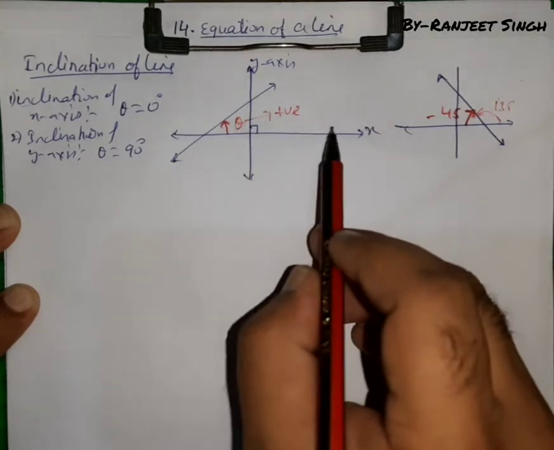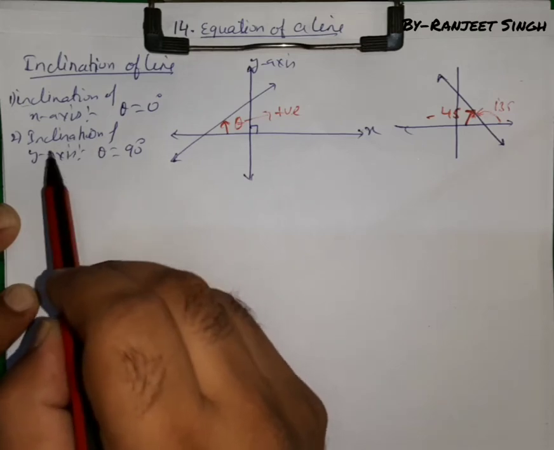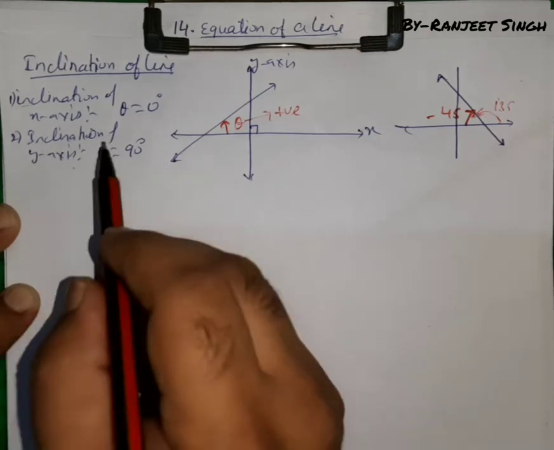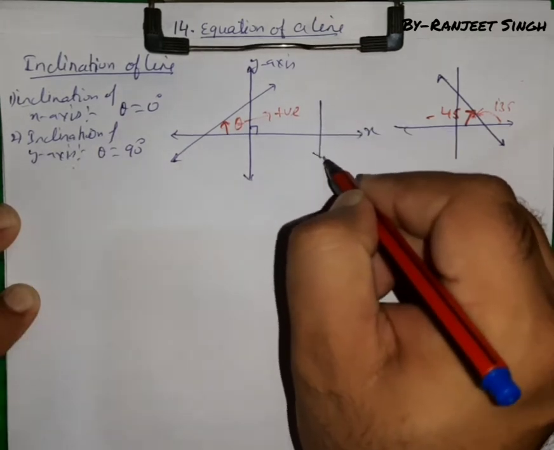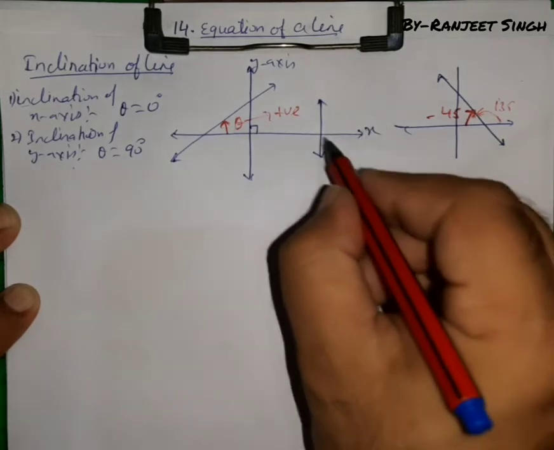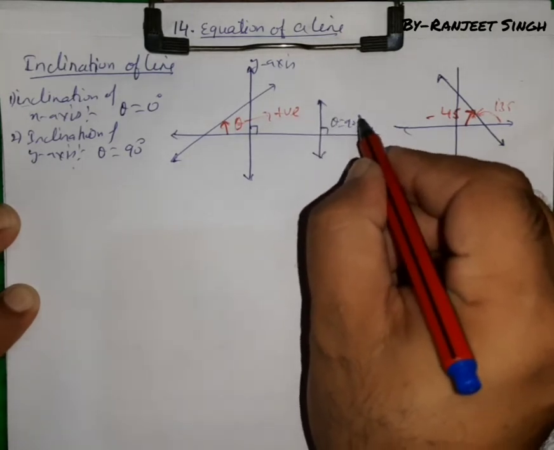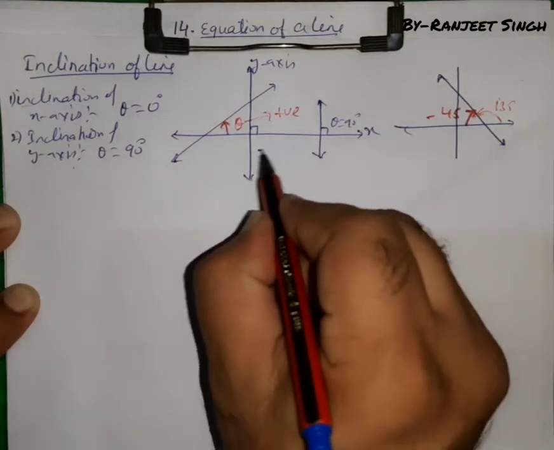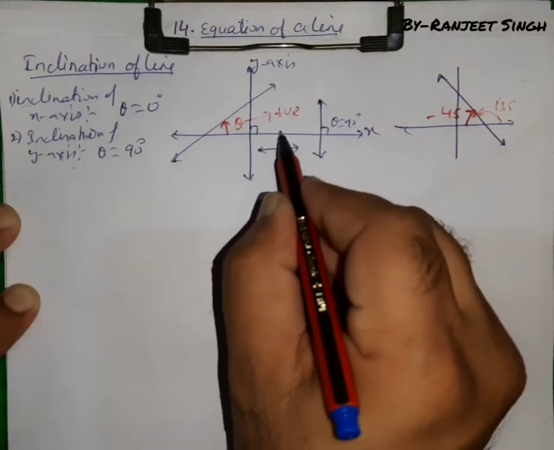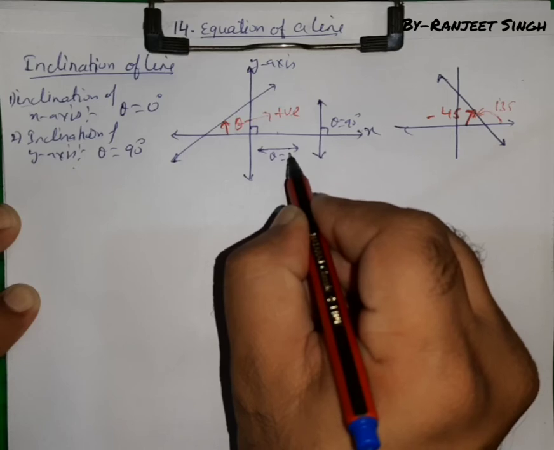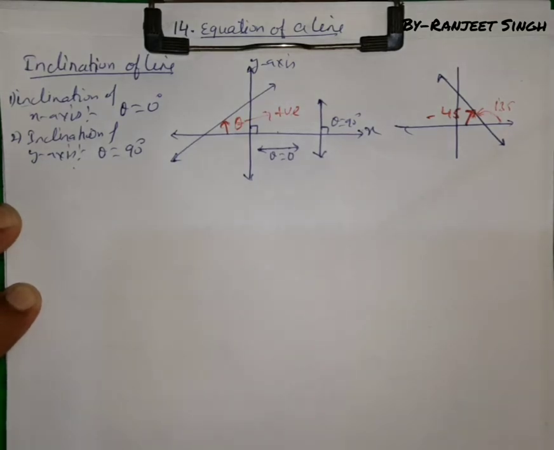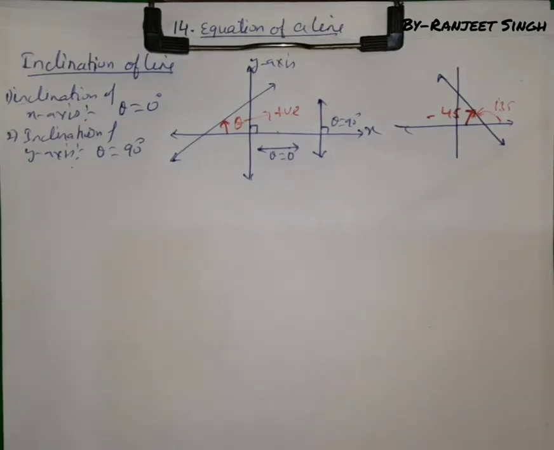So this is the inclination of y-axis or any line that is parallel to y-axis. Means if I'm talking about this line, then its inclination will be equal to 90 degree, or if I'm talking about this line, if this is parallel to x-axis, then here also the inclination will be equal to 0. So these are some points.